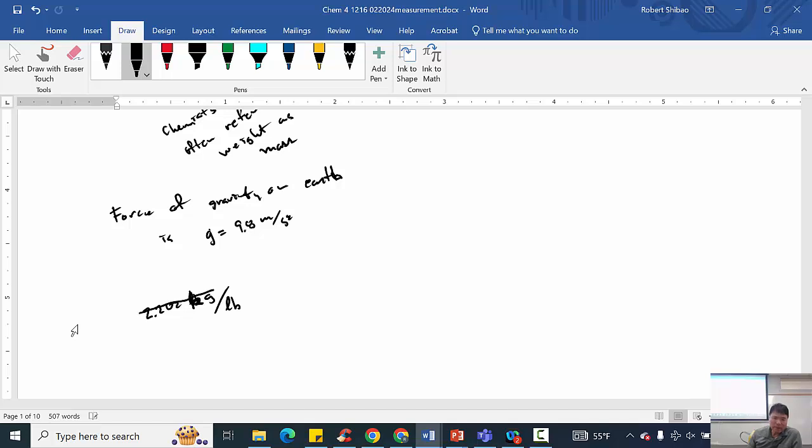When we take measurements, if you make an error in your lab notebook, you usually just cross it out like this. So if I made an error, you don't want to do this. This is considered poor technique.